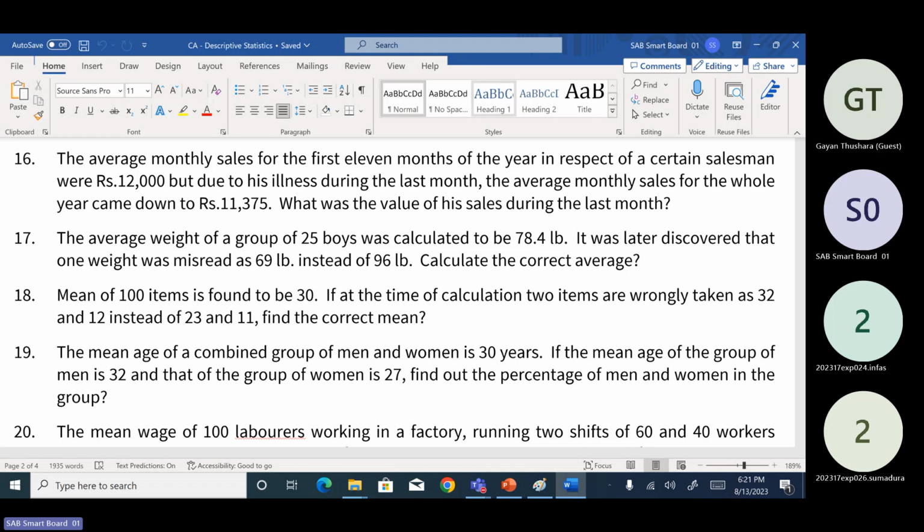What was the value of his sales during the last month? Okay, so the first 11 months average is given as 12,000. For the entire year, it is 11,375. So they are asking us what is the last month sale?